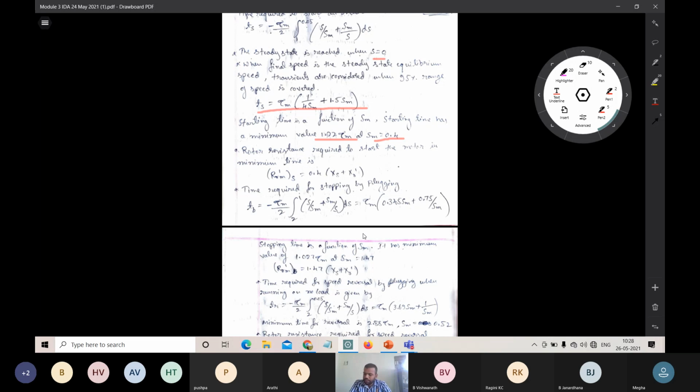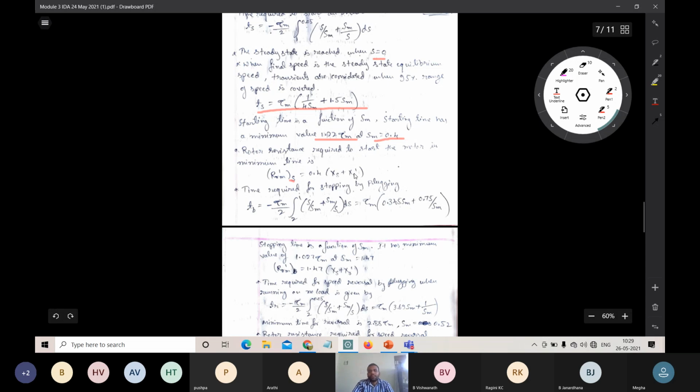So the rotor resistance to start the motor, where S is nothing but start, will be given by 0.4 of (Xs plus Xr dash), where Xs plus Xr dash is the reactance of the rotor. For the slip of 0.4, the rotor resistance at the time of starting will be given by 0.4 of (Xs plus Xr dash).